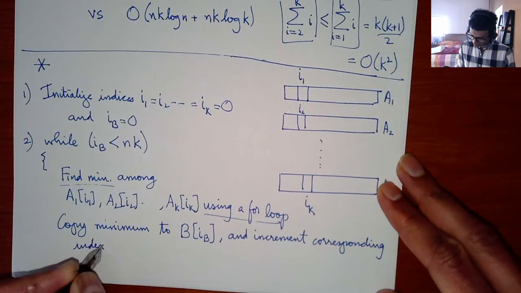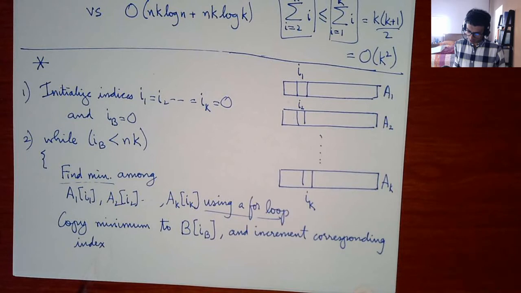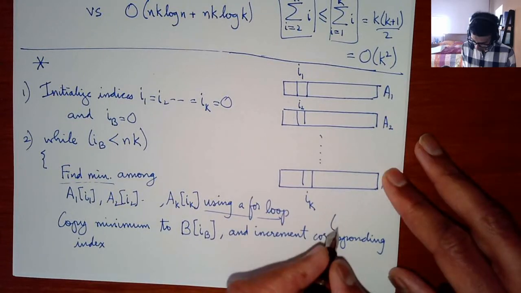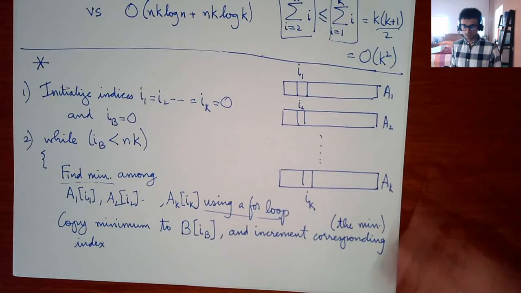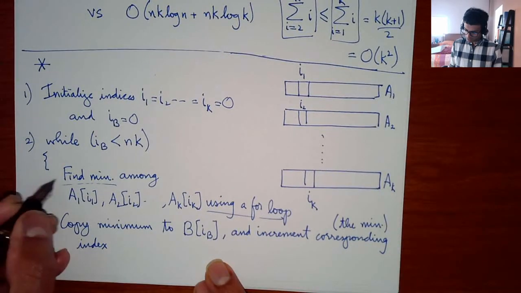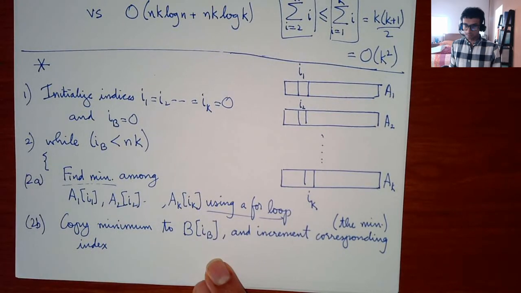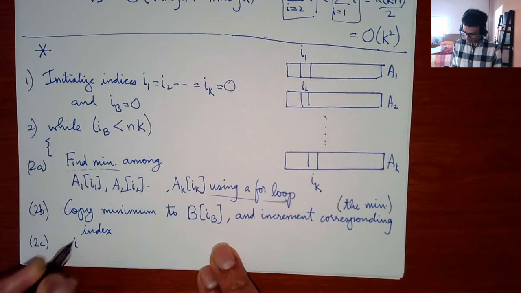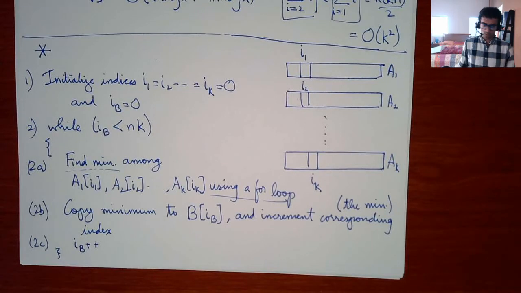So you copy the minimum and then increment the min index. One of these indices is going to increment. This is step 2A, this is step 2B, and then step 2C will just be i_B++, and this would be the algorithm. Does this algorithm make sense?